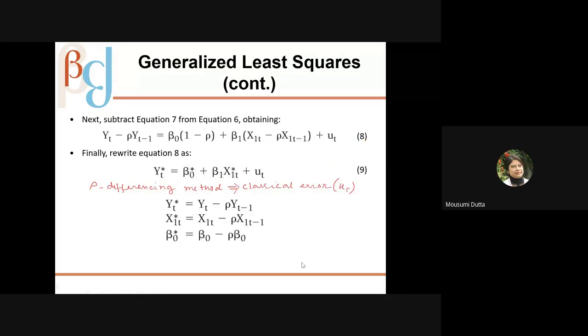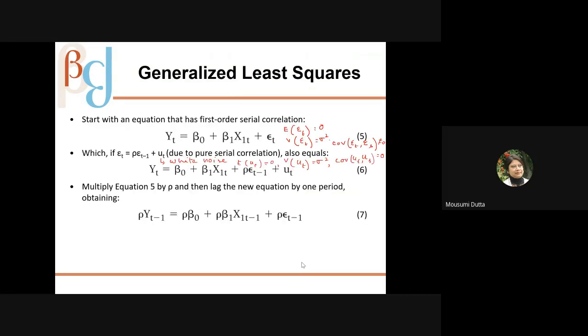Then I'll subtract equation 7 from equation 6. So yt minus rho yt minus 1 will be the left hand side. Beta naught into 1 minus rho will be the first term. Then beta 1 common, x1t minus rho x1t minus 1.